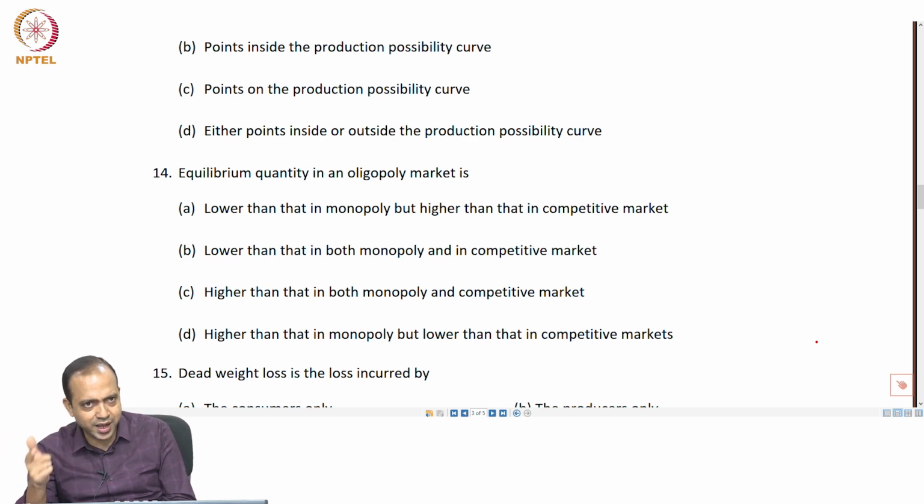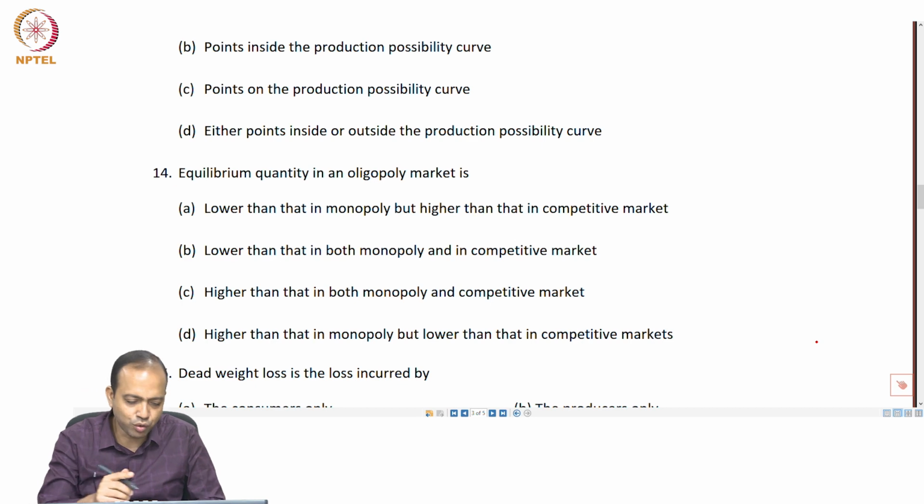The number of firms is higher than monopoly but lower than competitive market. So, obviously, equilibrium quantity would be more than monopoly, because monopoly means only one firm, complete control, price is the highest, price is the maximum. So, supply would be higher than monopoly but obviously lower than competitive market.